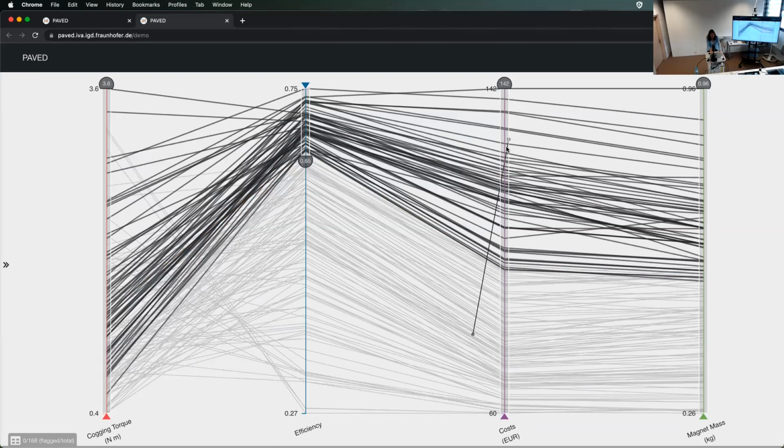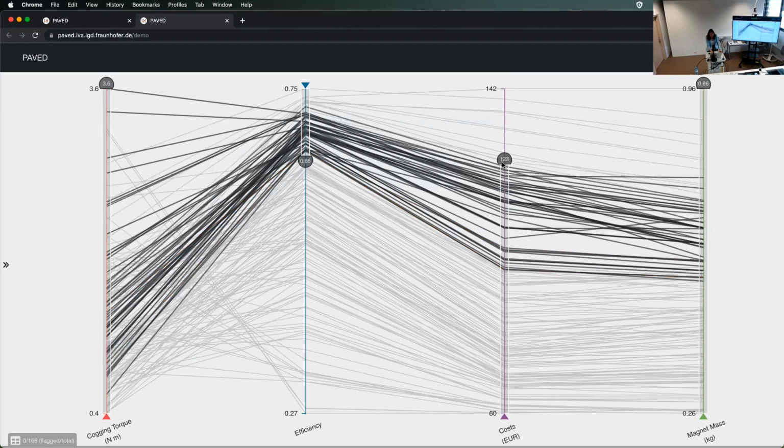And if we also restrict the budget, then we can see that, interestingly, these two restrictions that are now applied do not seem to have any influence on the occurrence of cogging torque, which basically determines whether the motor is running smoothly.